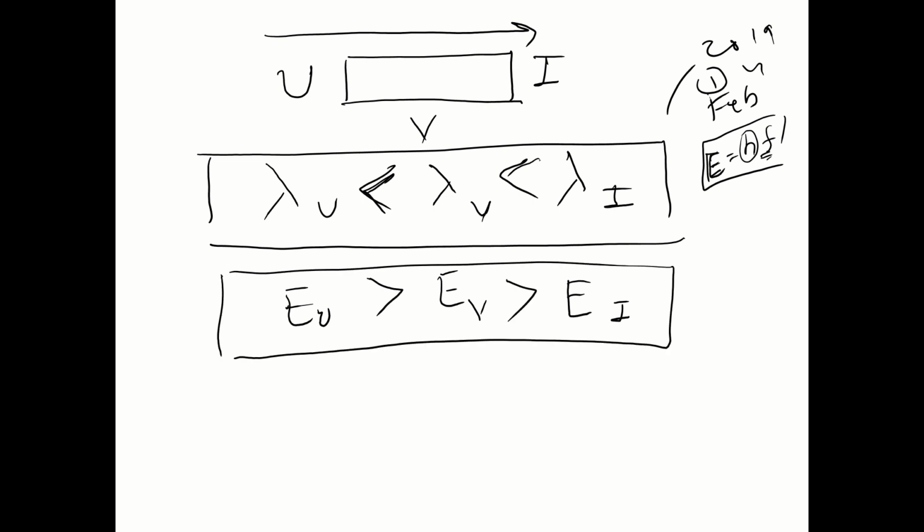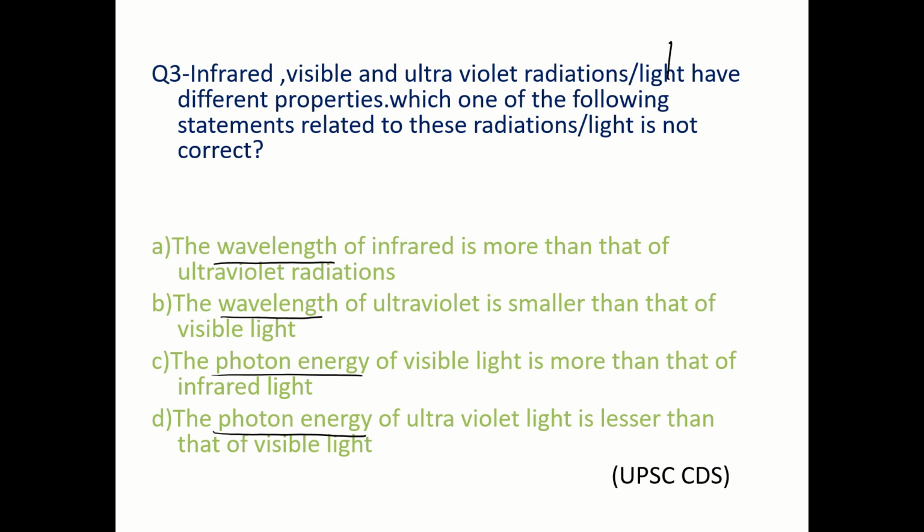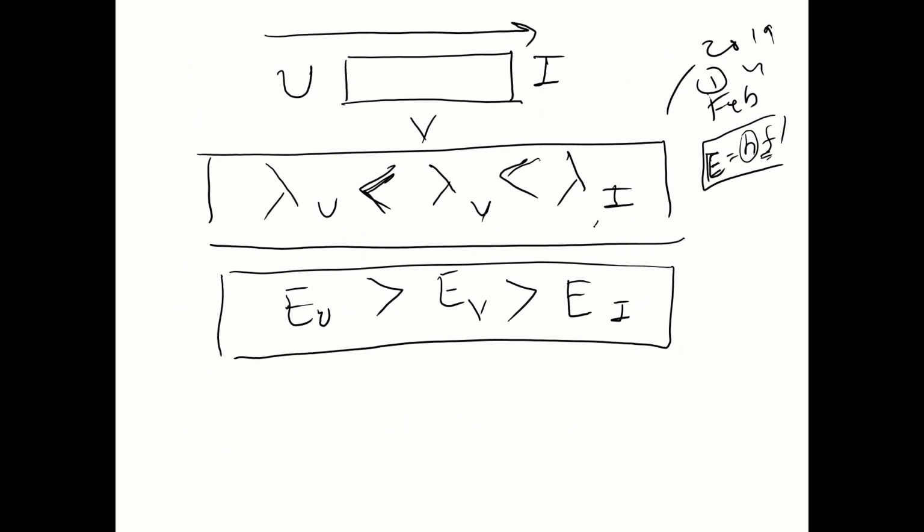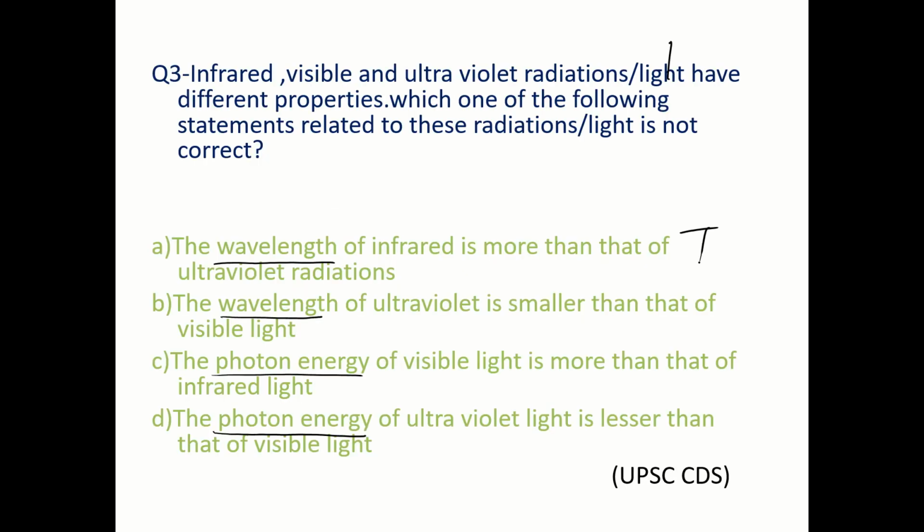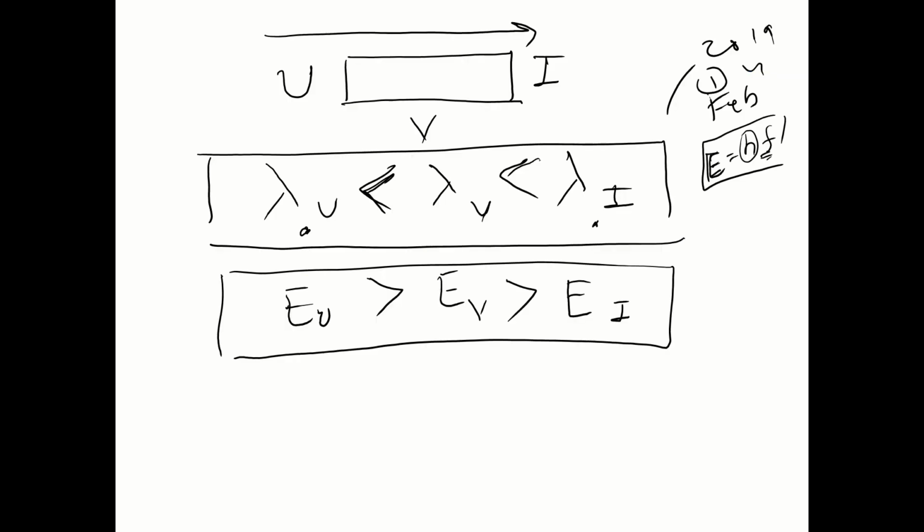Now come to the options. The wavelength of infrared is more than that of ultraviolet radiations. Yes, infrared has more wavelength than ultraviolet radiations, so this is absolutely true. The wavelength of ultraviolet is smaller than that of visible light. Yes, this is also true.